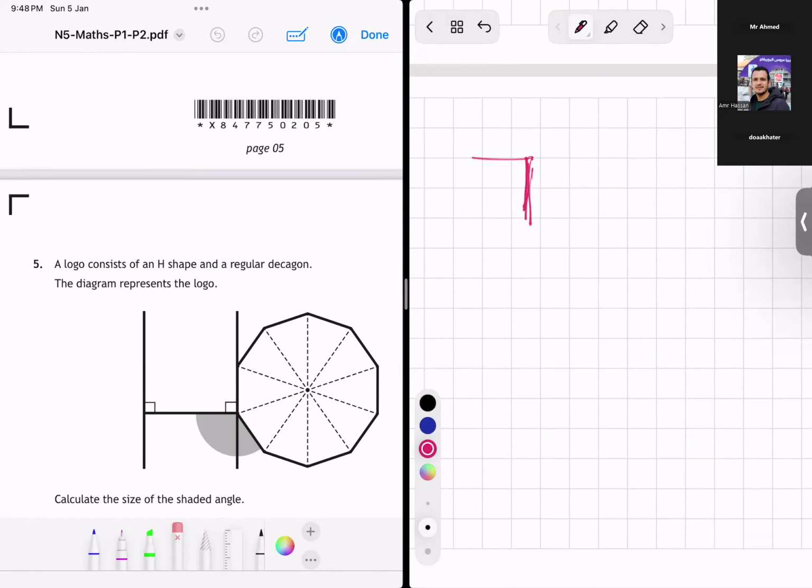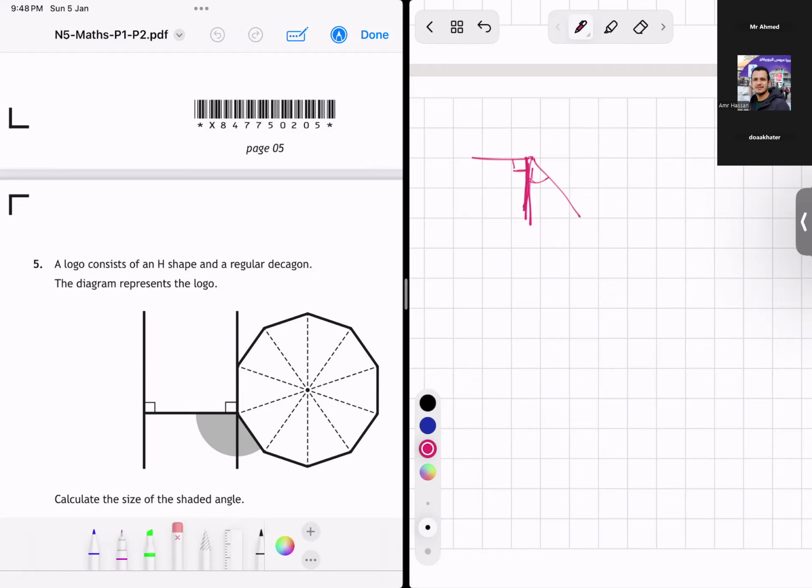This one is a linear pair. Whenever we got one of them as 90, the other one also is 90. But unfortunately, I don't know this one, right? We need to think together. How could we figure out this one? Because all of a sudden I've been asked to find this shaded region.